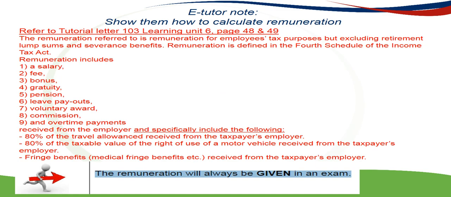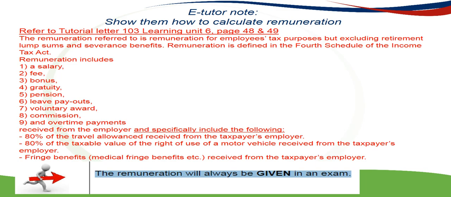The lecturers requested the e-tutors, just for interest's sake, to provide you with information on how to calculate remuneration. Kindly note that remuneration will always be provided in exams and tests, and that you'll never be expected to calculate a remuneration. For the remuneration definition, you can go to your Learning Unit 6, Tutorial Letter 103, pages 48 and 49.